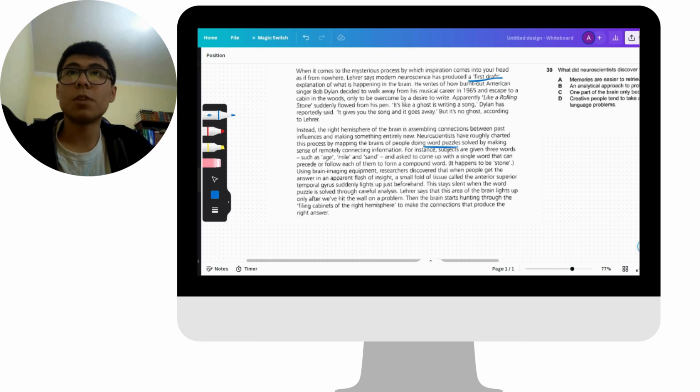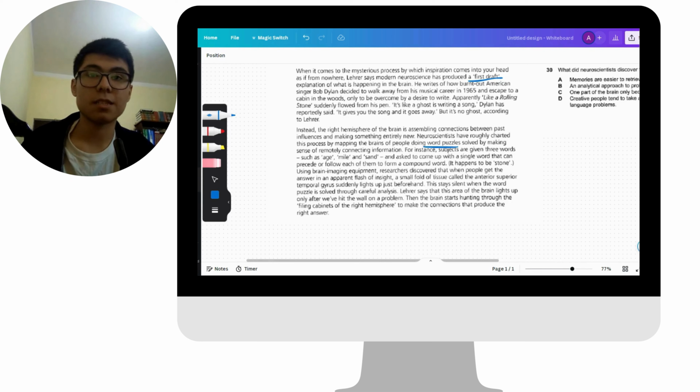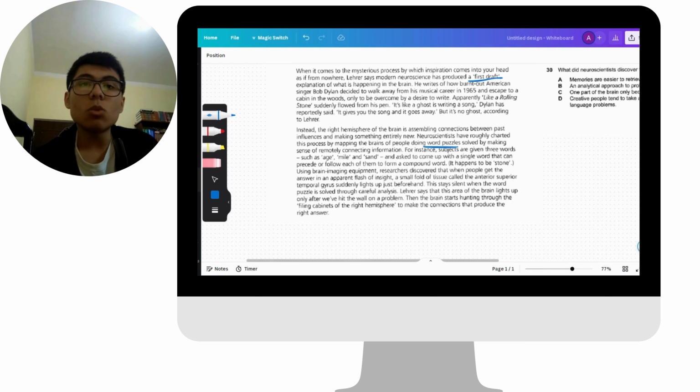Okay, so we had that word puzzle experiment, and in that experiment there were three words, in this case age, mile, cent, and they were asked to come up with a single word that follows these three words, and the actual answer was stone.